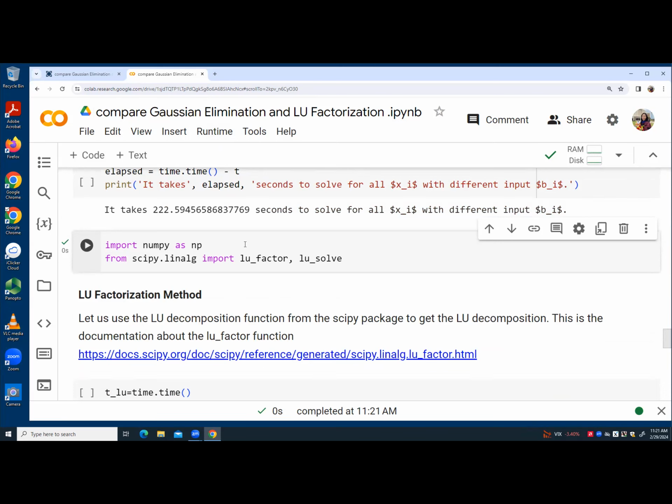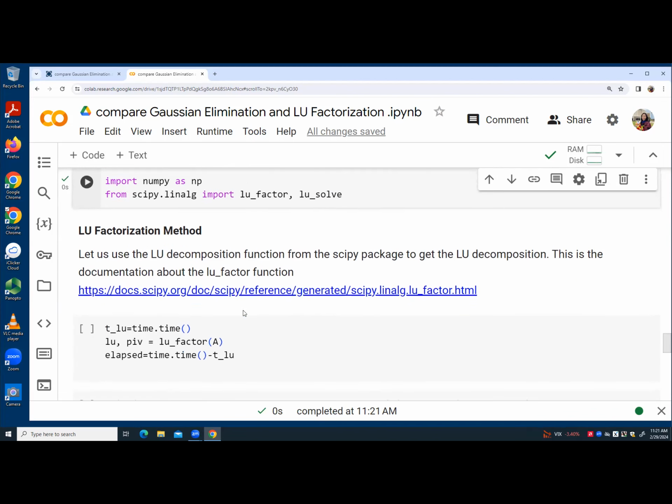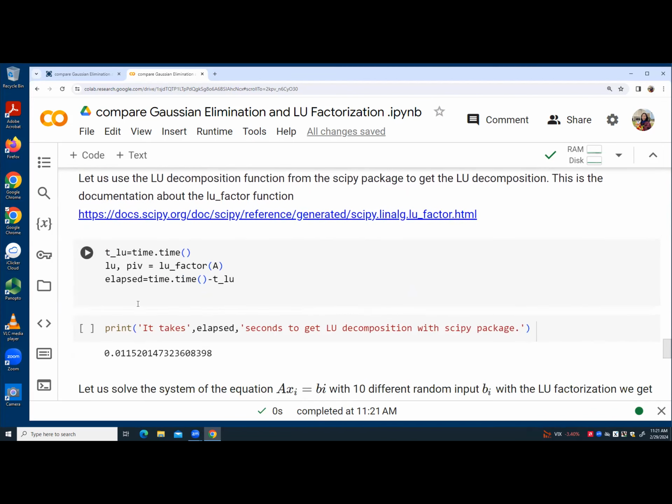After you get the LU factorization, you give the result as the input to LU solve, and the LU solve will solve the linear system of equations for you. But pay attention here. If I just factorize the 500 by 500 matrix A, let's take a look at how much time we need.